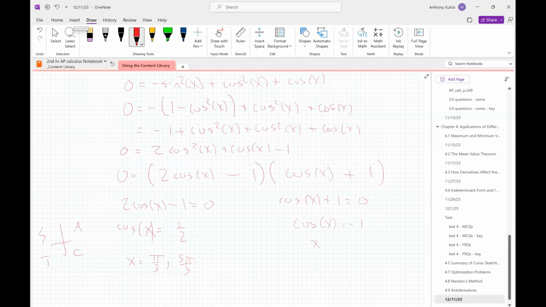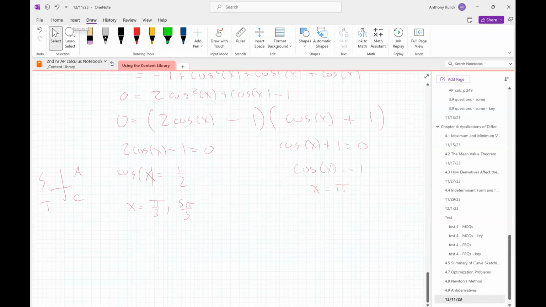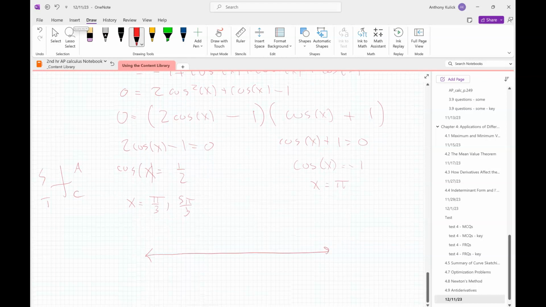And then where's cosine equal to -1? So there's my possible inflection points. So we got to pick some test values now. 0 is probably okay.